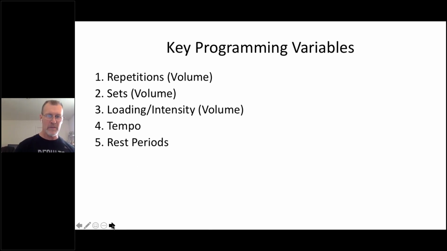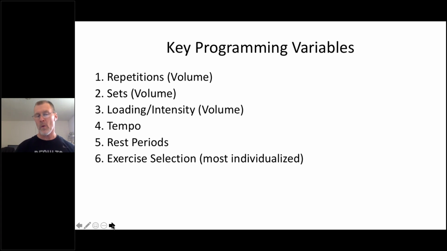Our tempo, speed of movement on our different exercises, our rest periods between sets of exercises, and then what we consider to be the most individualized portion of programming is exercise selection. These are all important. They're just listed in order of what we feel is most important down to least important in terms of these 6 things. But make no mistake, these are all incredibly important, and they're all programming skills that you need to master.